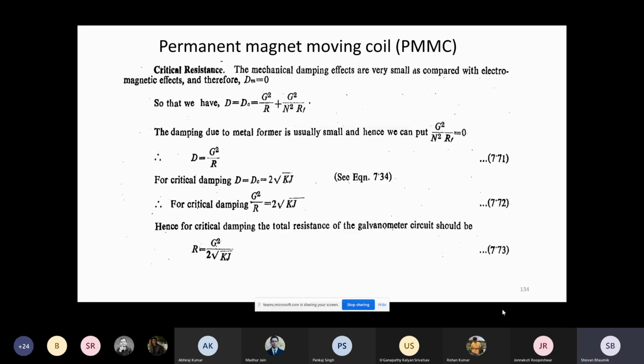Because the damping coefficient depends on the resistance R, which is the galvanometer resistance and the external resistance. Galvanometer resistance is generally fixed, and external resistance you can change so that you can operate the meter as a second order, critically damped system or over damped system or under damped system.